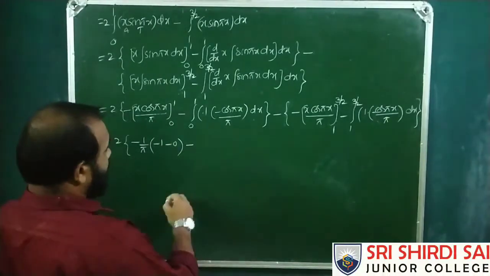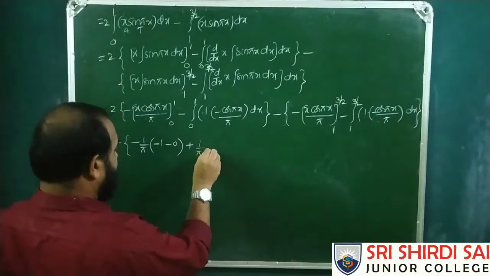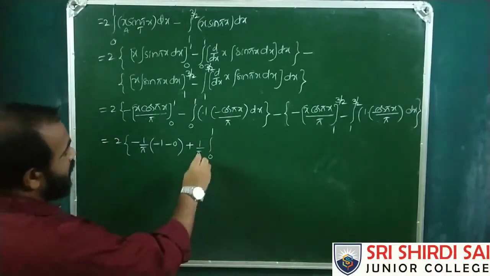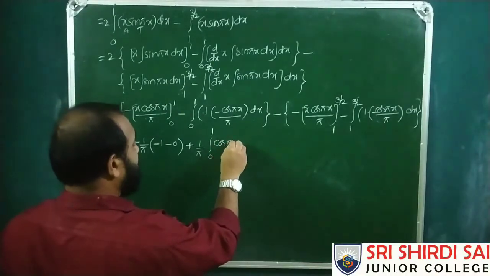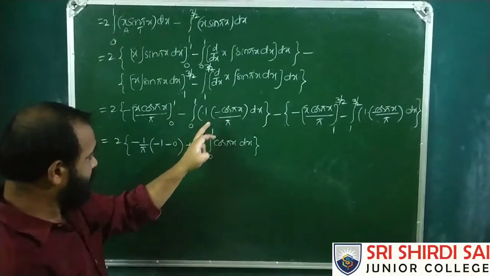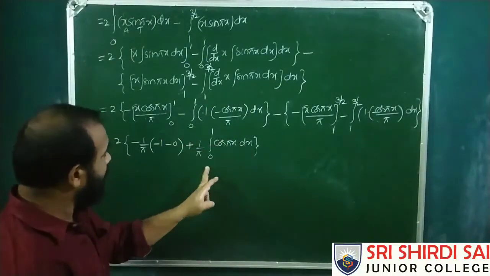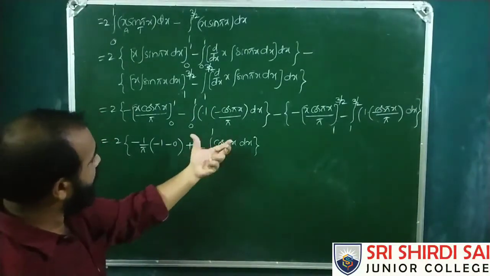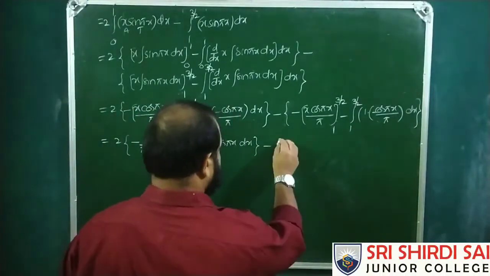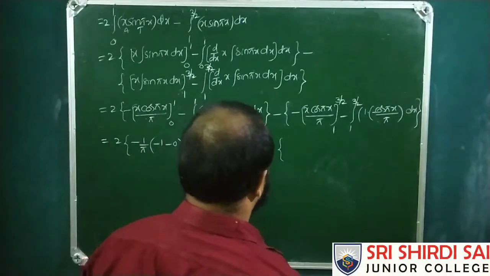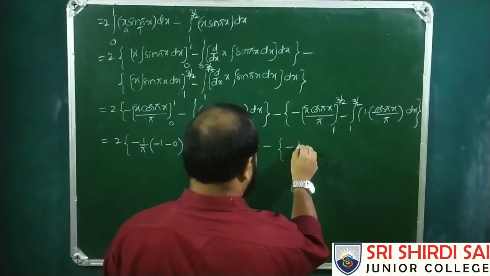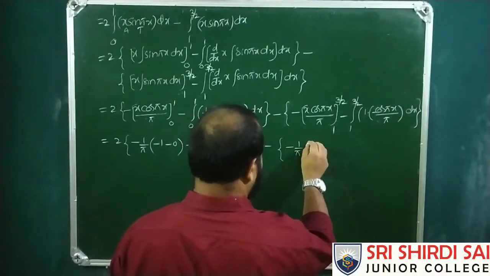Minus into pi into integral 0 to 1 cos pi x dx, minus into minus plus 1 by pi into integral 0 to 1 cos pi x dx, minus integral. So this is minus 1 by pi, you separate it from the process of integration.